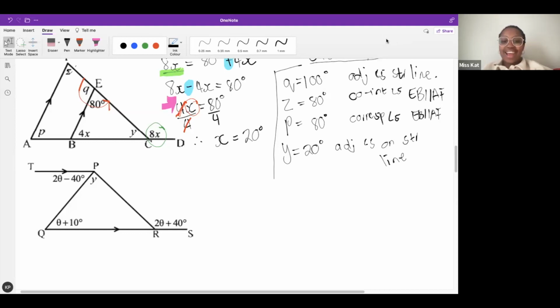Wow. Okay, guys, this is the last one. We're solving for theta and for y. So we're solving for this one over here, and for y. Okay, now let's get started. Buhle?